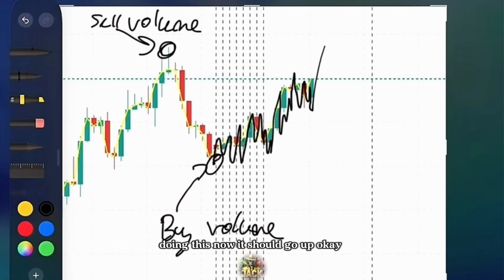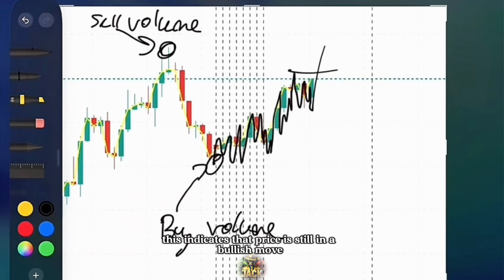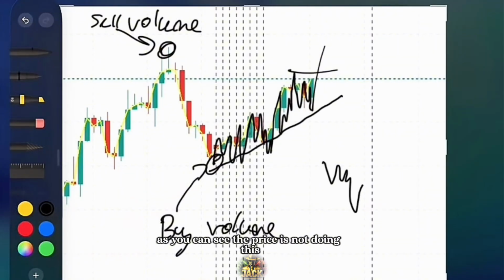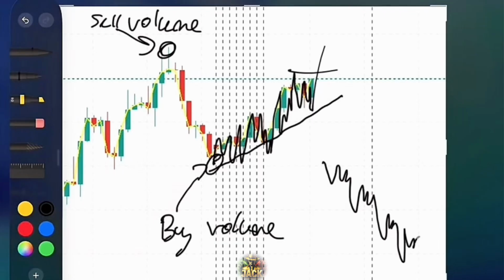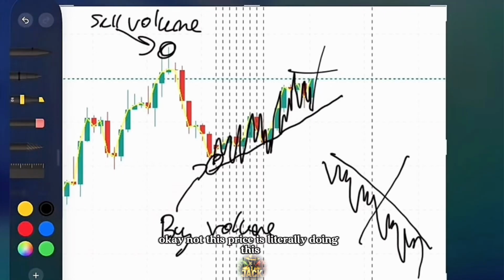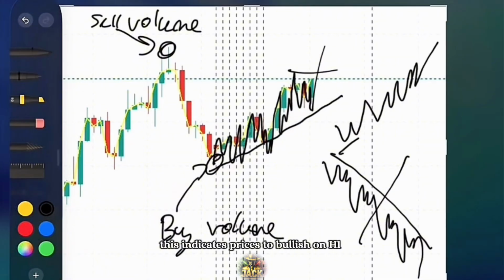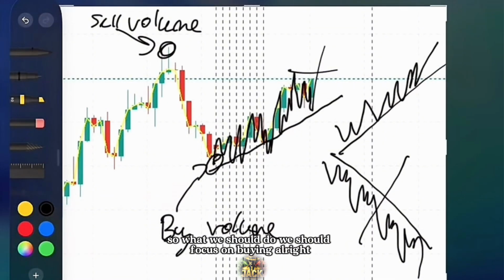Doing this, now it should go up. Okay? This indicates that price is still in a bullish move. As you can see, the price is not doing this. Okay, not this. Price is literally doing this. This indicates price is still bullish on H1. So what we should do, we should focus on buying. Alright?